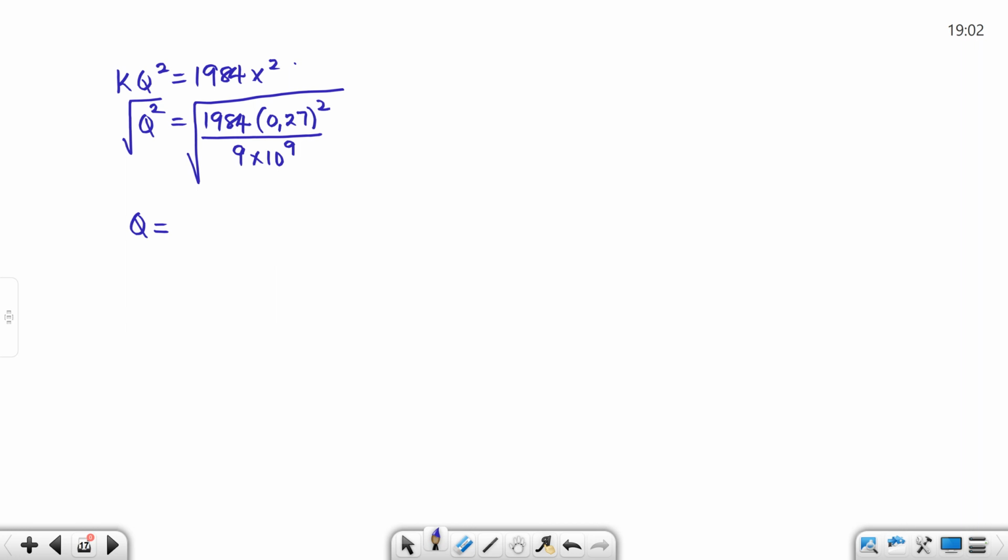So basically we are solving simultaneously. What is the value of Q?